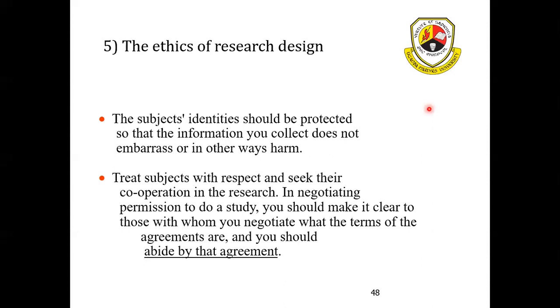The Uganda National Council of Science and Technology gives you authorization to go and collect research. Let it be IT, let it be social, let it be scientific research. There are government structures that allow you to go into a community. They actually give you a letter to go into a community and collect this work.